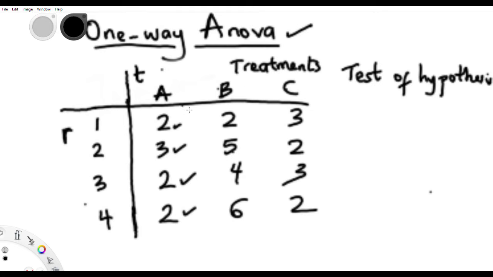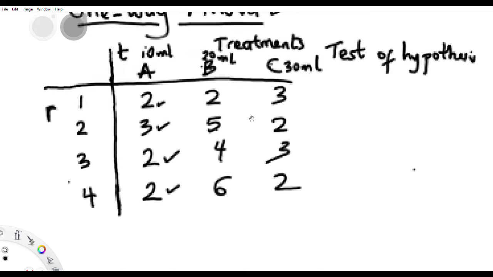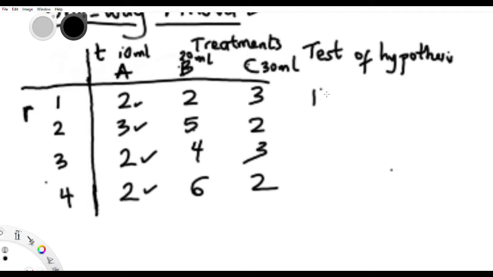Now you want to know if there's a difference in the level of treatments. In treatment A of 10 mils, is there a significant difference between this and this one of 30 mils per day? That's what we are trying to test. So that brings us to the null hypothesis.